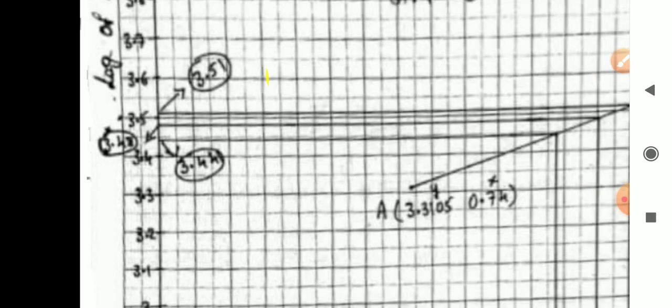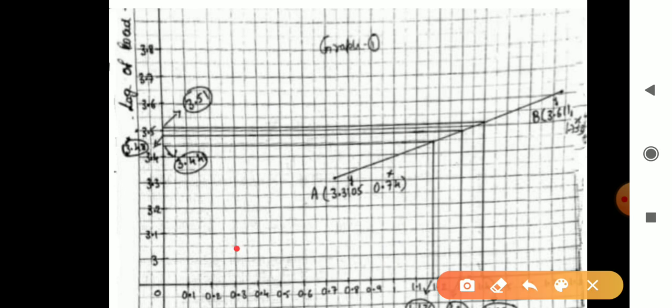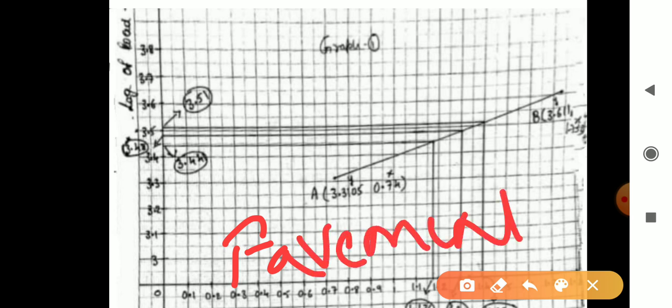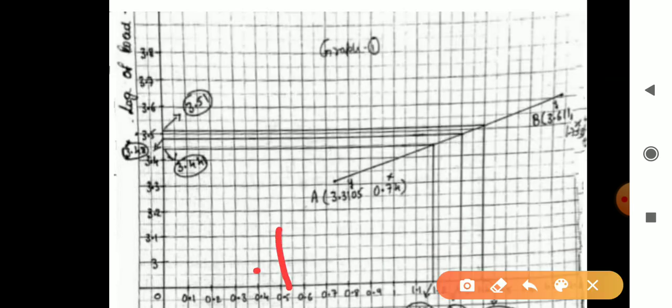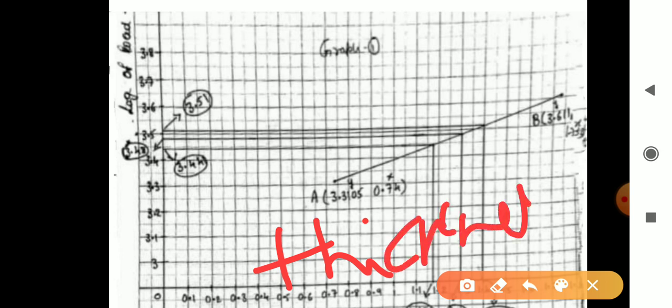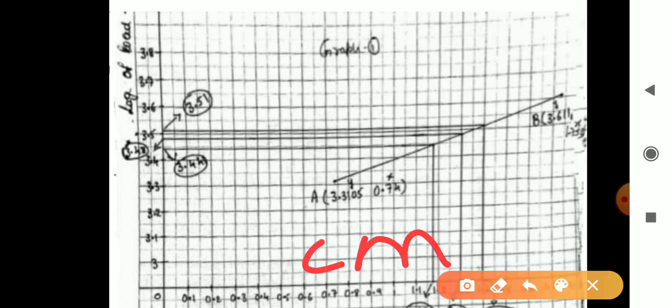Because in the y axis that is ESWL in kg. Okay, so this is pavement thickness in centimeter. But in the y axis it is ESWL in kg.